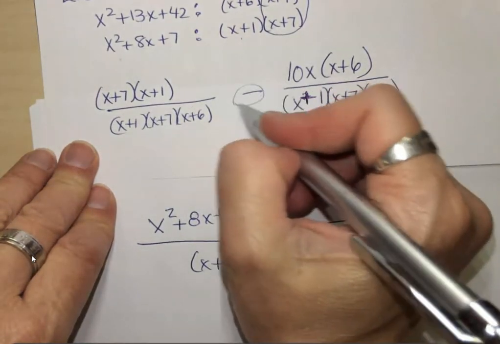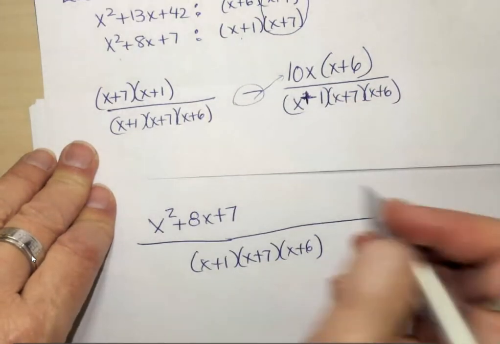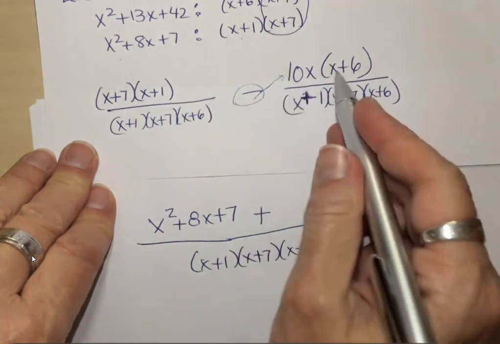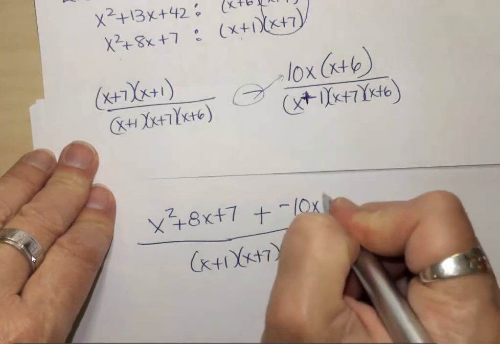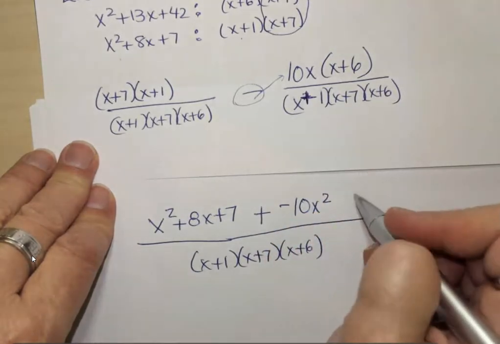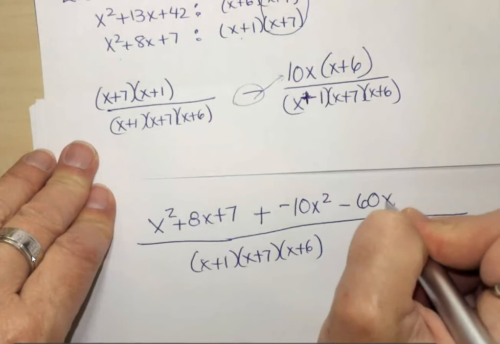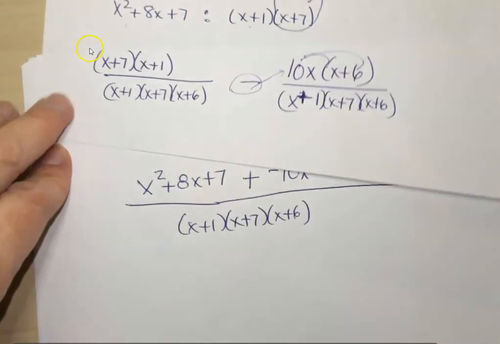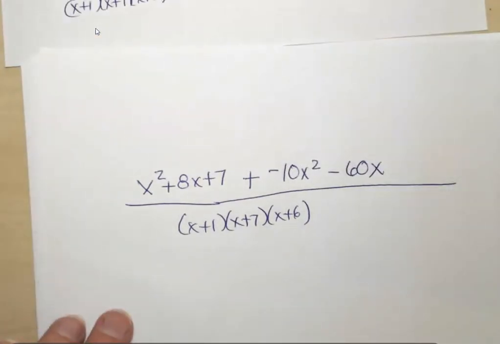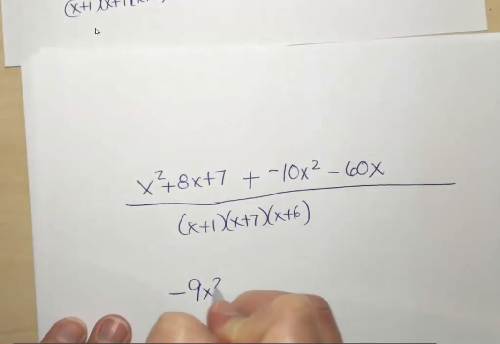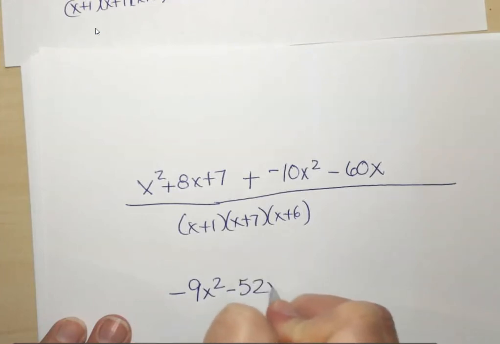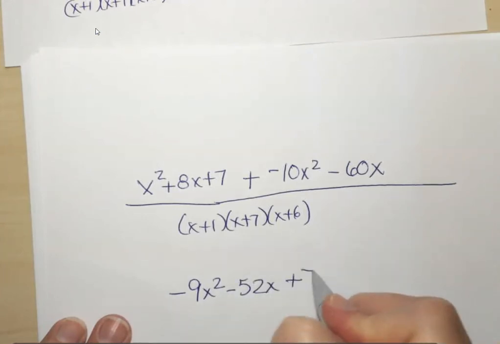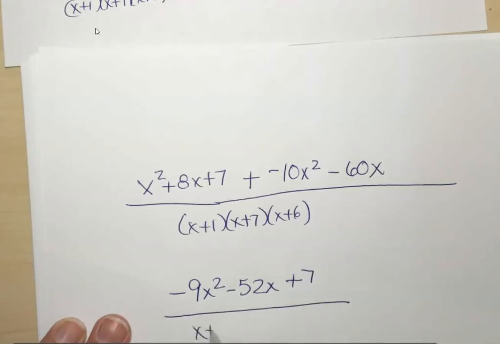Now I'm going to go ahead and throw that negative sign with the 10, so I'm going to put plus negative 10x squared, and then minus 60x. So I just pass that negative 10x out. And now I need to simplify this from here. I get a negative 9x squared minus 52x plus 7 over x plus 1, x plus 7, and x plus 6.